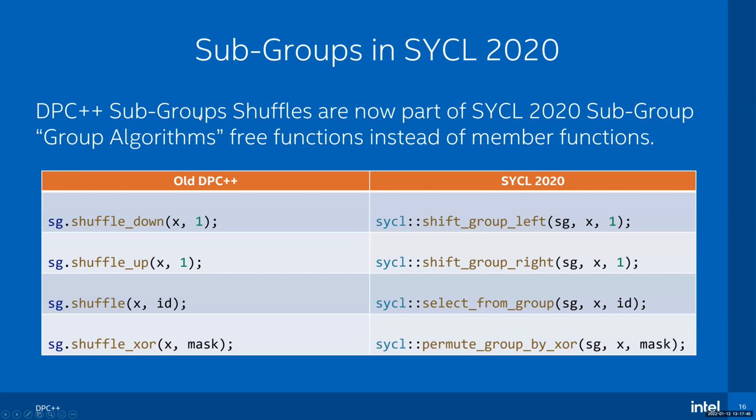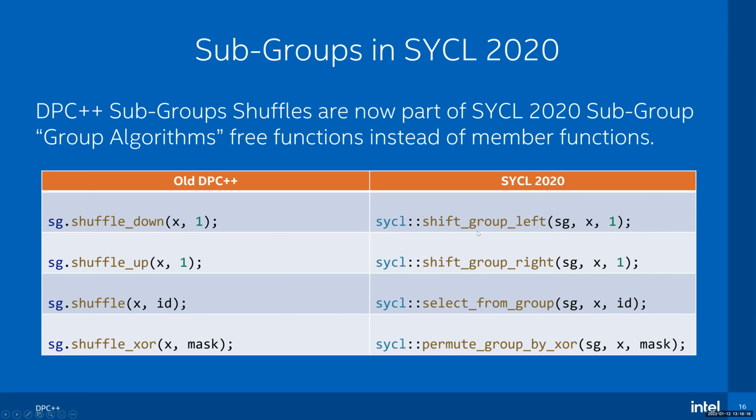In Data Parallel C++, we introduced subgroup shuffles, which are now part of the SYCL 2020 group algorithms. These are available as free functions instead of member functions. Before, we used to have shuffle operations like shuffle_down, shuffle_up, shuffle, and shuffle_xor. In the new compiler, we follow the SYCL 2020 format, which is a slight rename.